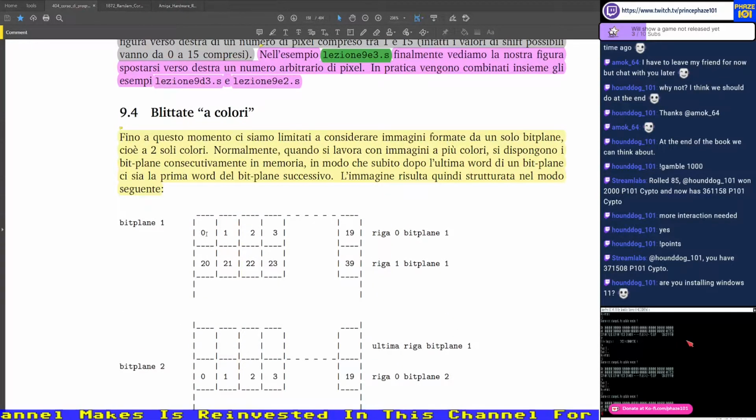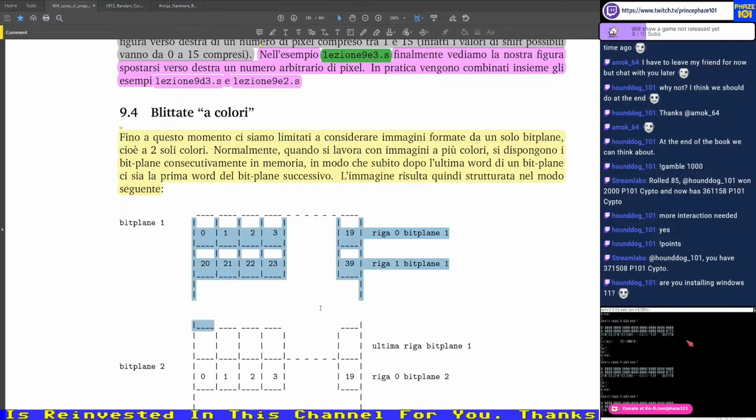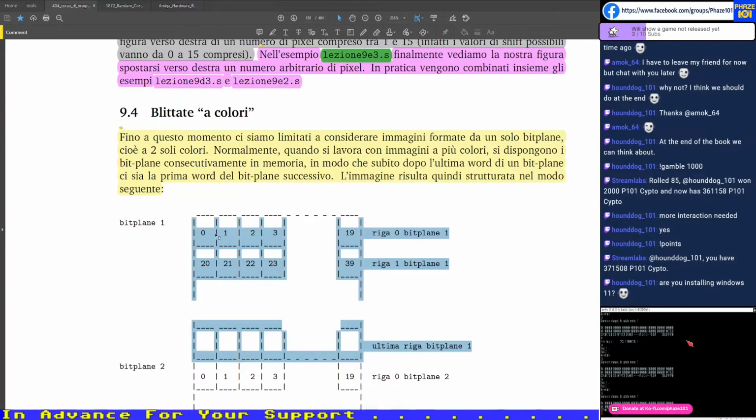And notice that a bit plane starts from the first word. In this case, the screens are divided in words, so 16 pixels. So the first word for line 0, and we continue this.